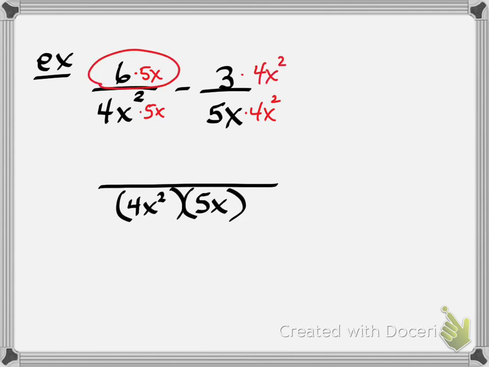Then you multiply these together. Minus, multiply these together. And then this time we cannot combine the numerator and the denominator because an x and an x to the second are very different. So you just rewrite them.